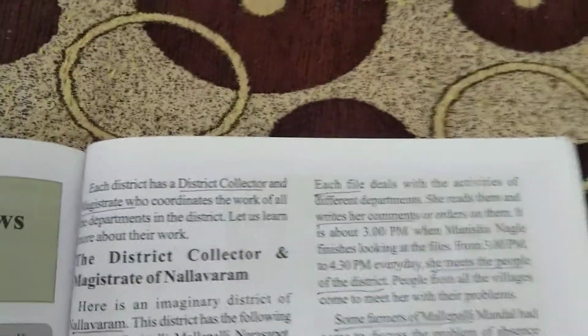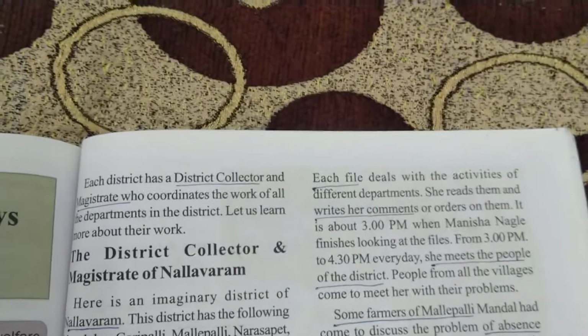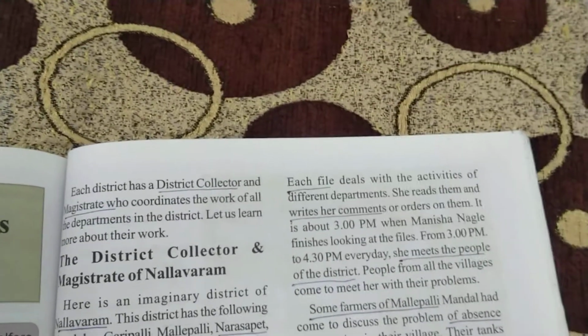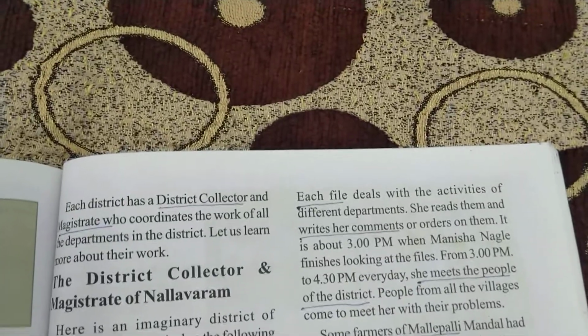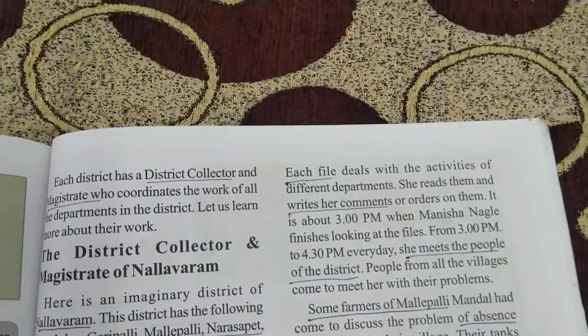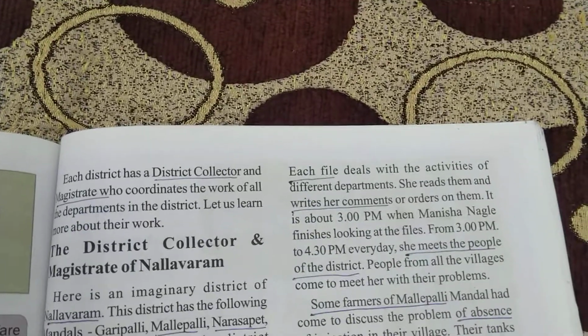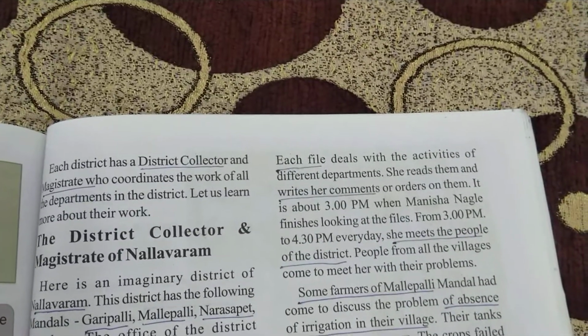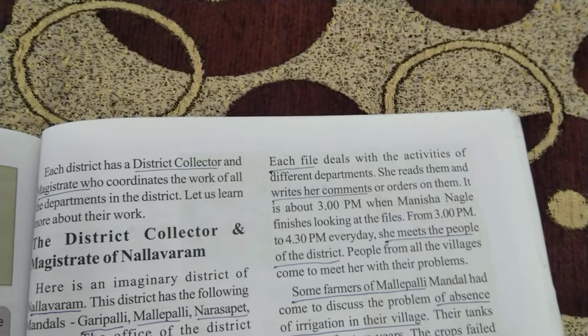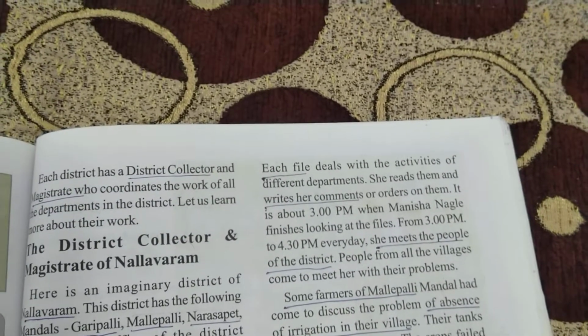Clear? Next. Each district has a district collector and magistrate. Both are the same; the district collector also has some magistrate powers. Who coordinates the work of all the departments in the district? Let us learn more about their work. In the state headquarters, ministers and some officials will be there.